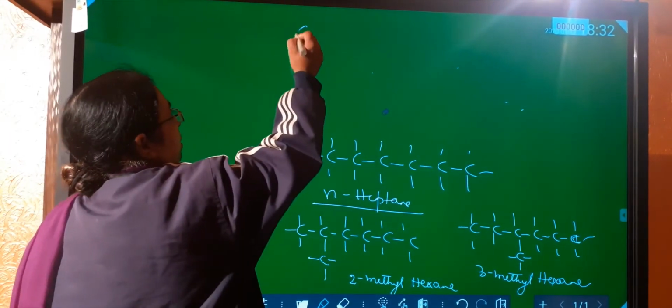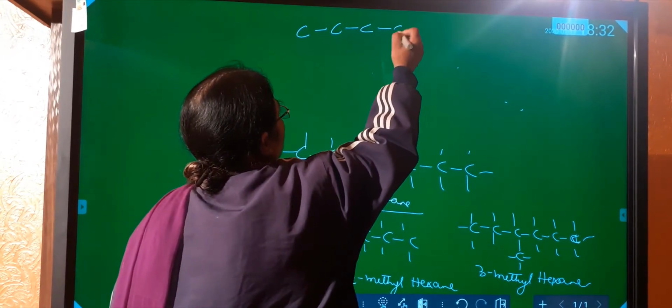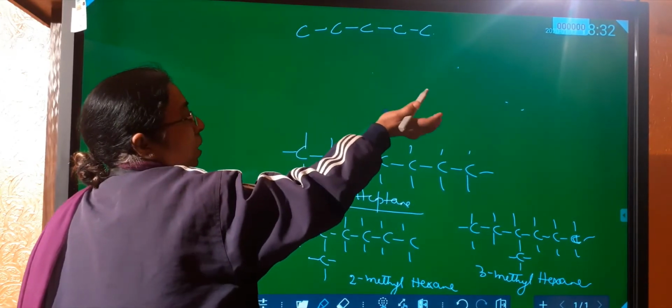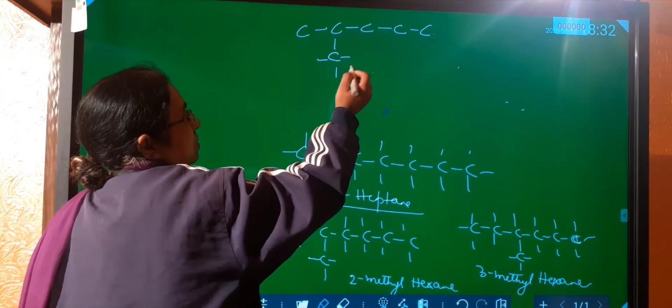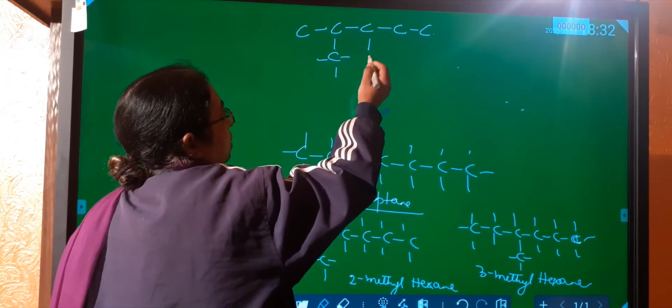If I make it a 5-membered chain, 1 2 3 4 5, alright, and I am making 2 carbons as, this is secondary 1, and then if I write over here another carbon.